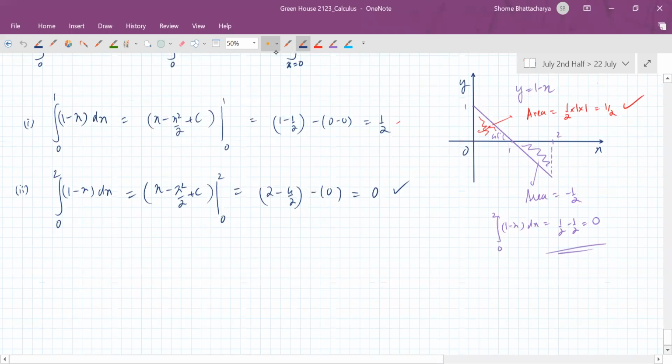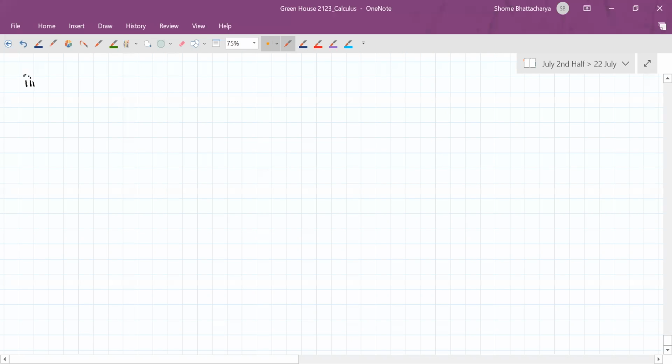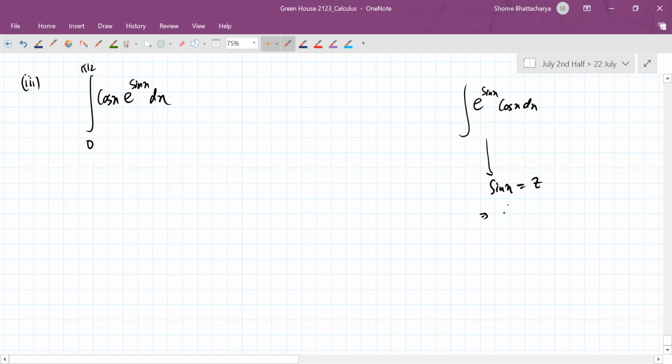So first of all, you have to solve that integration using substitution. So 0 to pi by 2, you wanted to calculate cos x into e raised power sin x integration. When you're doing this indefinite integration, you can see that if you put sin x as z, then cos x dx becomes dz. So the integration becomes e raised power z dz, which is e raised power z plus c.